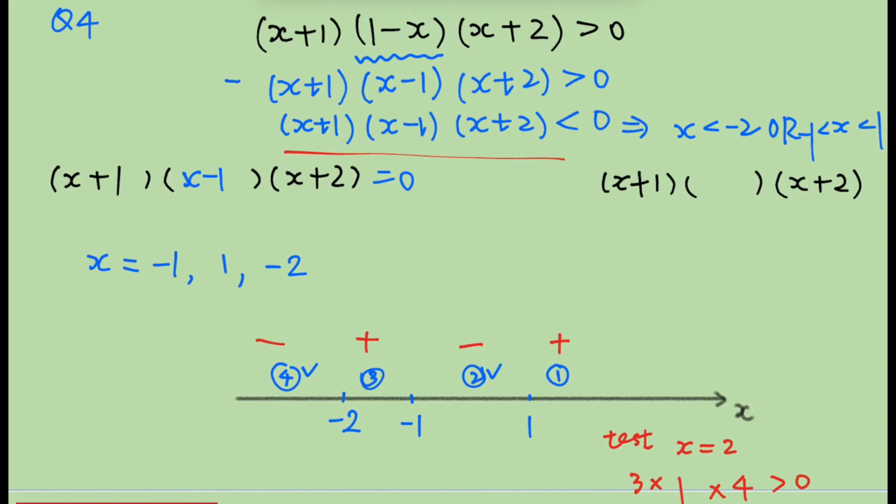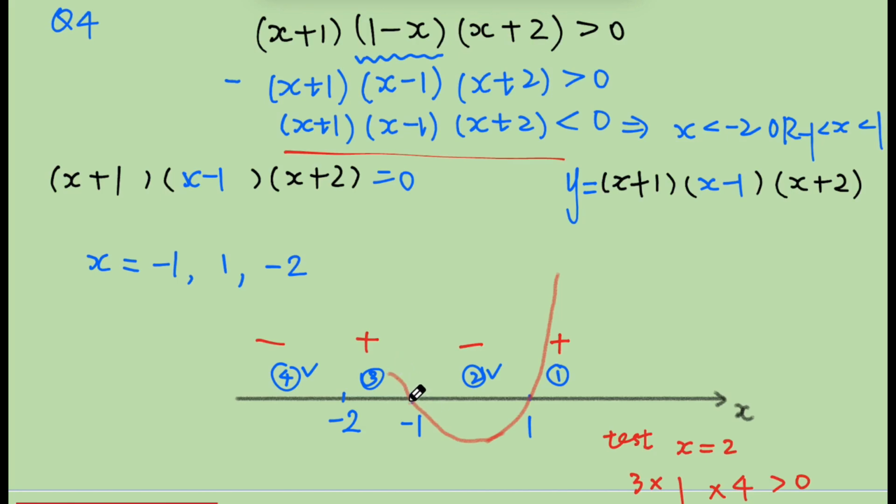Similarly, we can connect this sign diagram with the corresponding function, with factors x plus 1, x minus 1, and x plus 2. Using the sign diagram, we can get the graph. From the right it is positive, and then becomes 0 at x equals 1. After that, it becomes negative, but it turns around at some point and becomes 0 again at x equals -1.